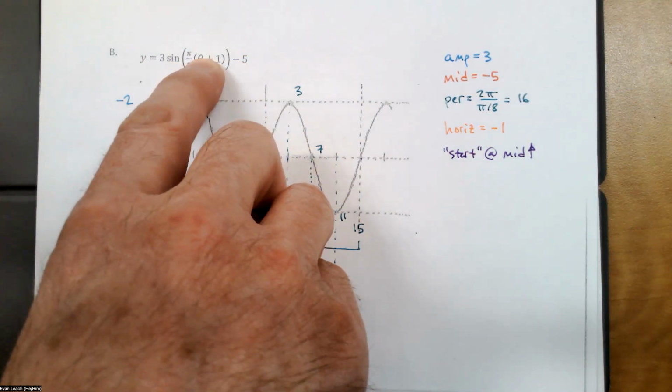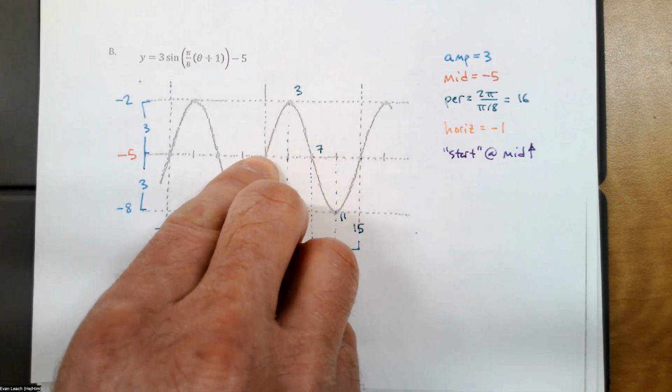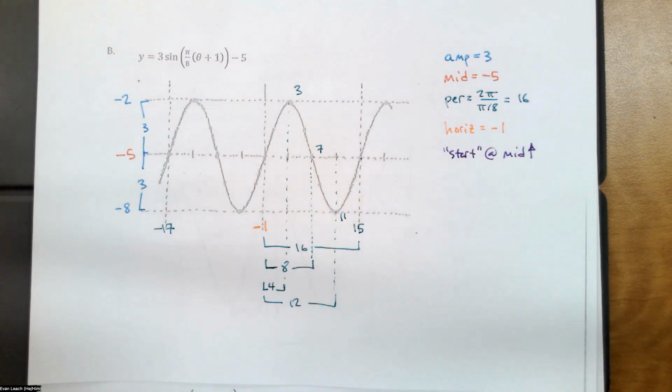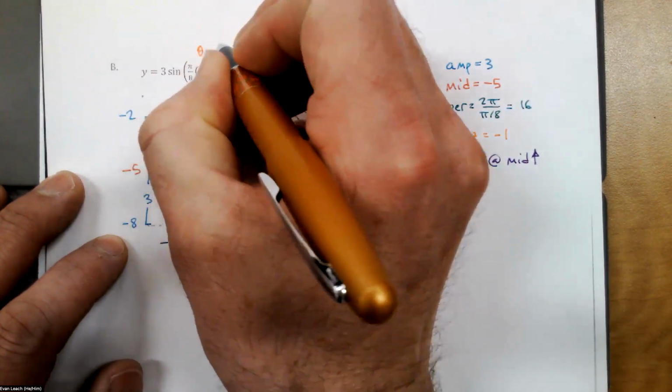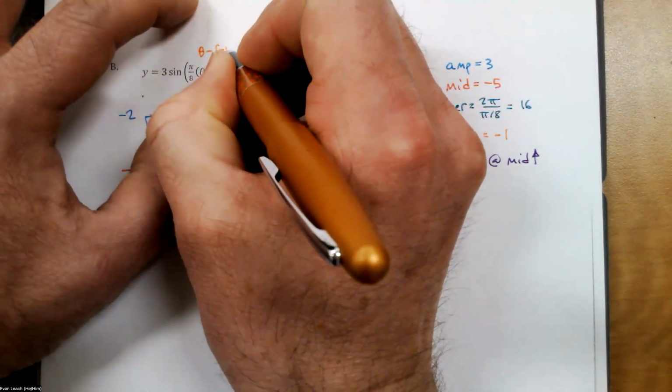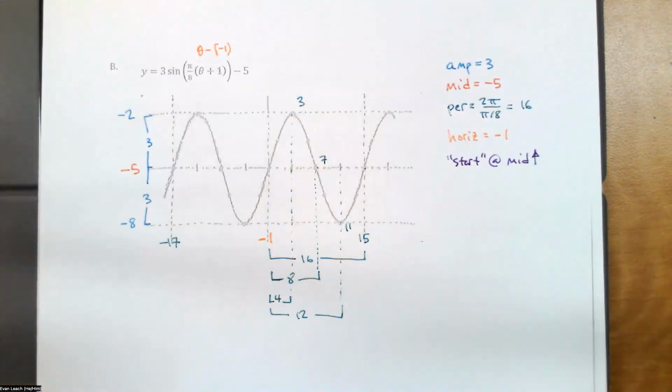Sine of 0 is the middle. So that's the thinking there. We're reading theta plus 1 as theta minus a negative 1. So when we're trying to identify C, we read what comes after we say theta minus.